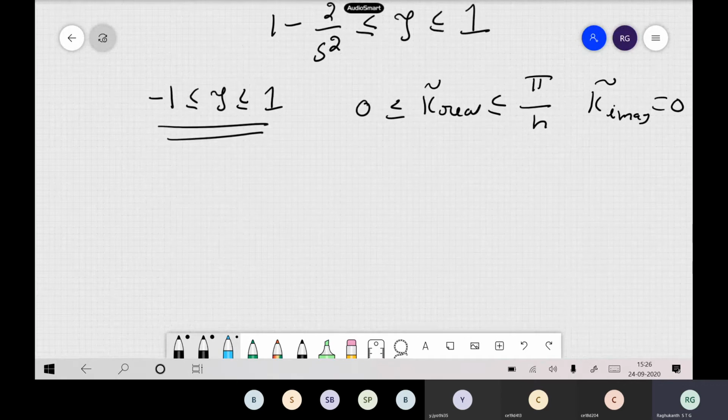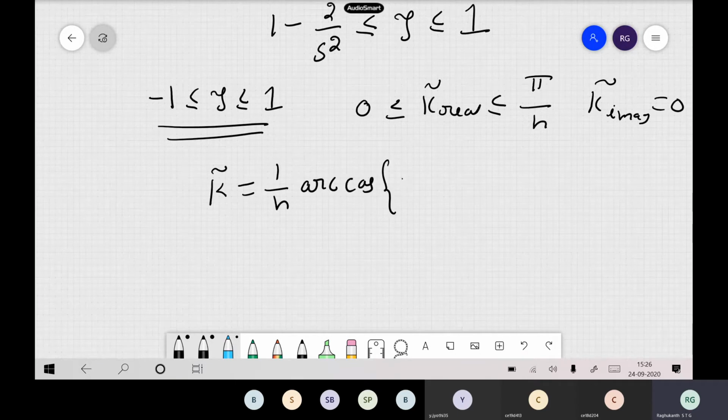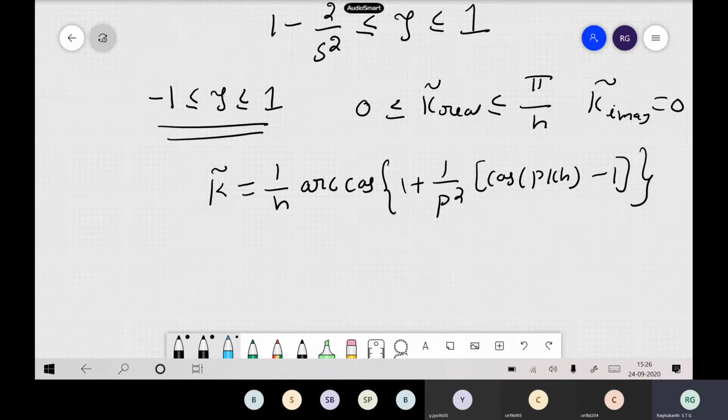And our dispersion equation, with some simplifications, is arc cos of 1 plus 1 by p square cos of pkh, minus 1. Everything can be written in terms of p itself using the previous equations.